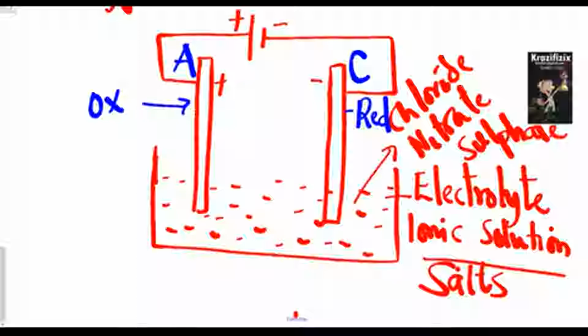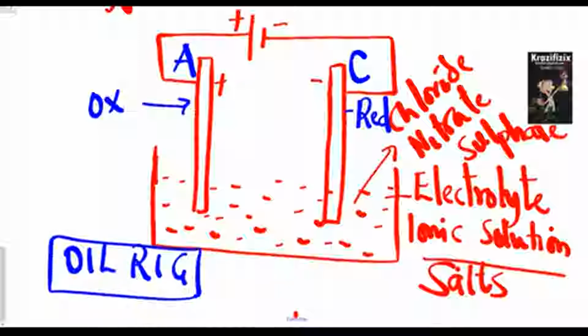Oxidation still maintains its definition as the loss of electron, oil rig, while we have the reduction as gain of electron. Okay, now it's a simple process in the electrolytic cell. Quite simple. The process is just the same all through.